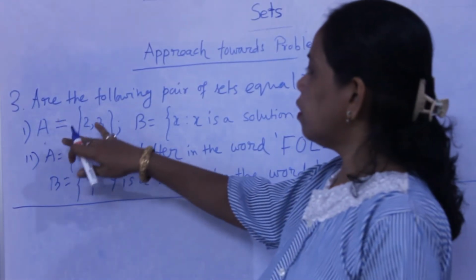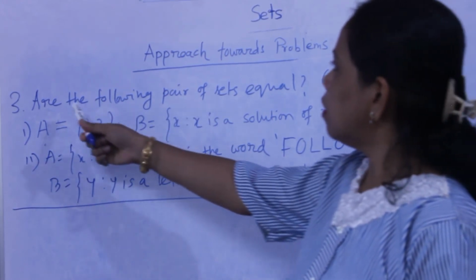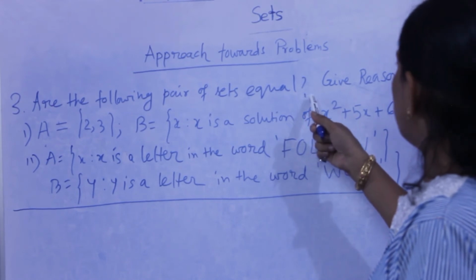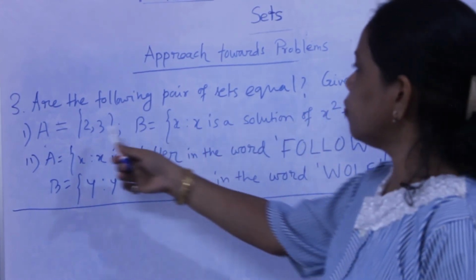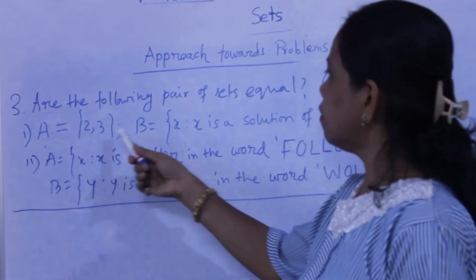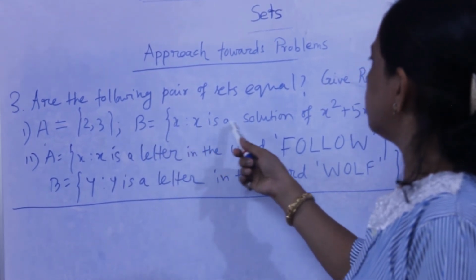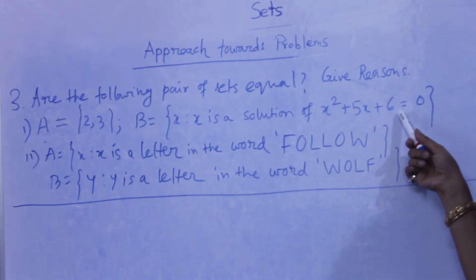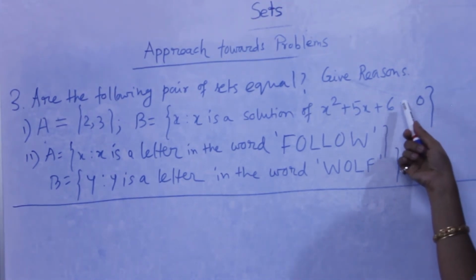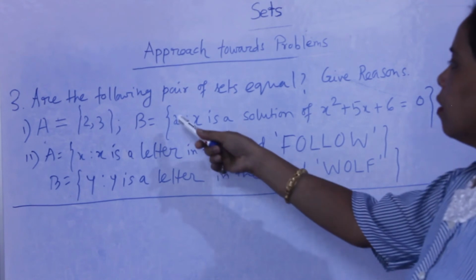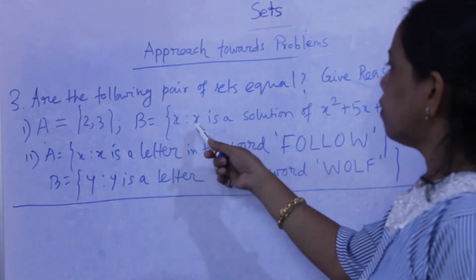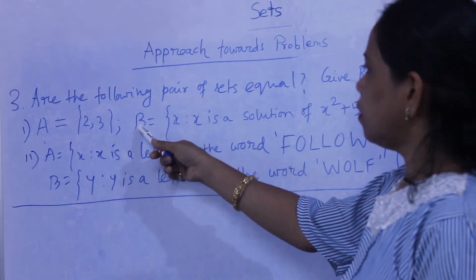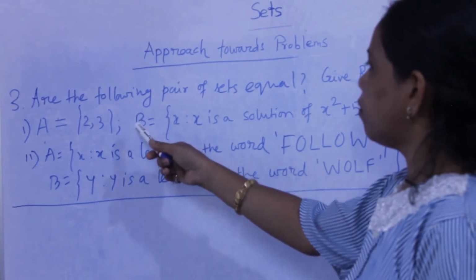Now another question is here. Are the following pair of sets equal? Give reason. Suppose the A set is given like this and the B set is {x such that x is a solution of x square plus 5x plus 6 equal to 0}. So we have to find the solution of x and we have to write this set in tabular format.